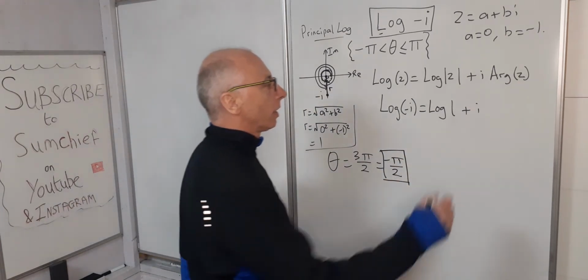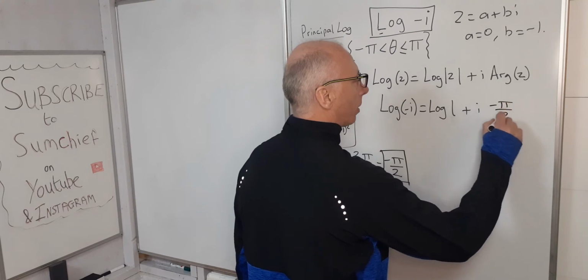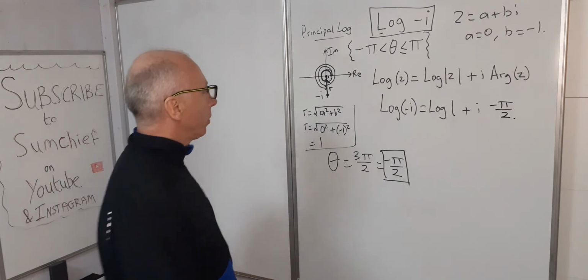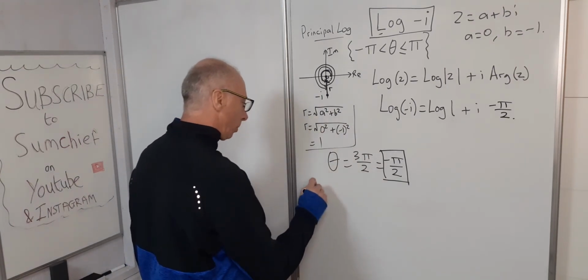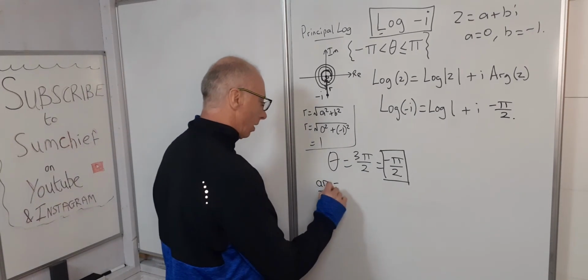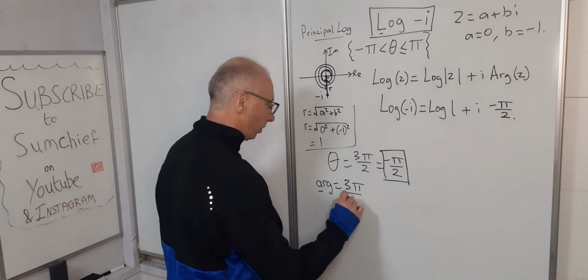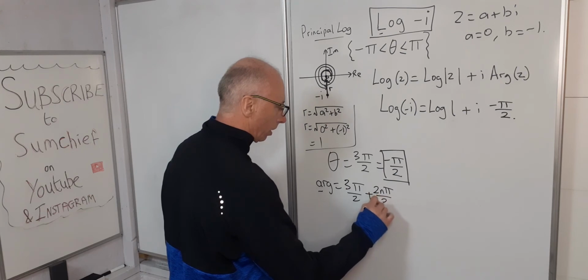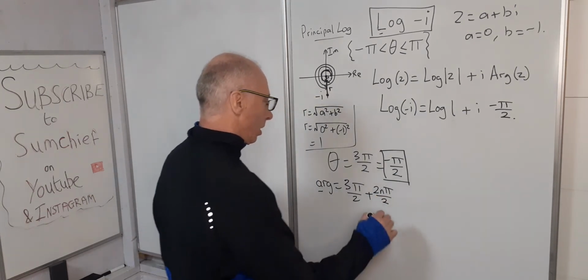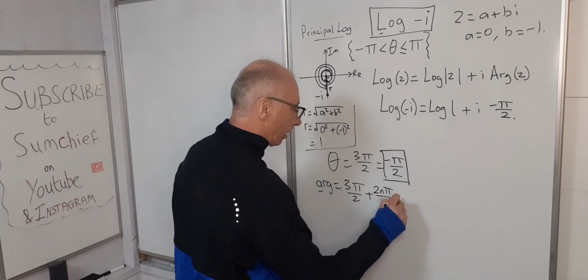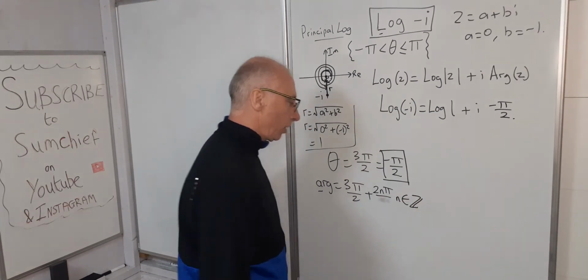So i times negative pi over 2. Just to reiterate this one here, our theta is 3 pi over 2. We can keep going round. What we can say is that our argument, notice the lowercase a, is 3 pi over 2 plus 2n pi, where n is an integer.